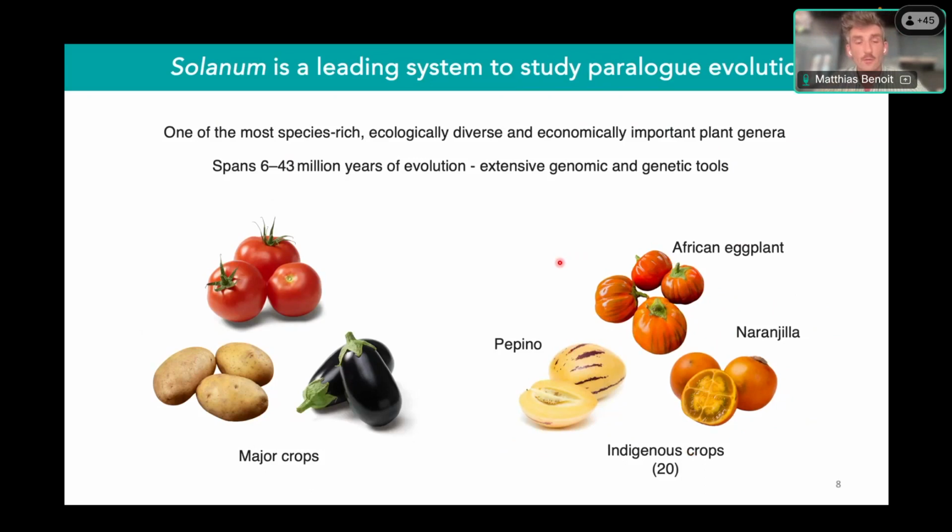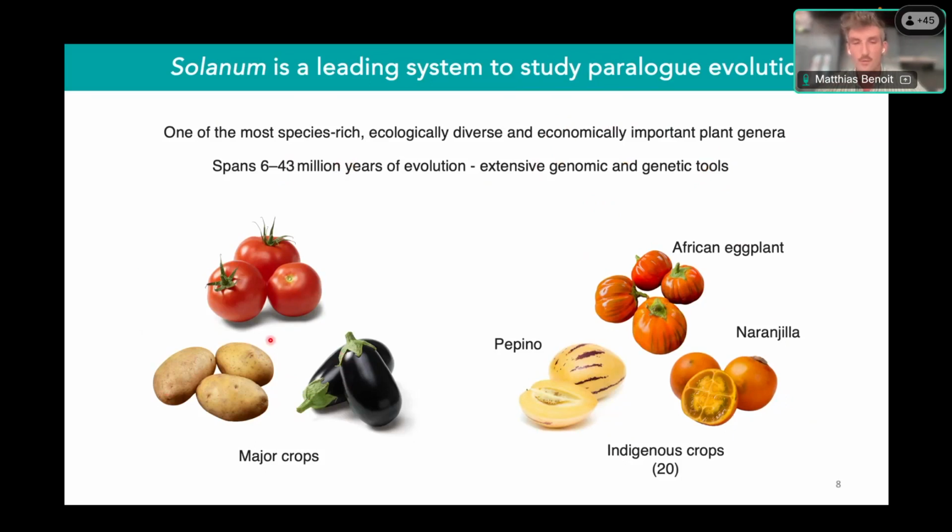One other advantage of using Solanum is that extensive genomic and genetic tools have been developed in the major crops. We have good reference genomes for tomato, potato, and eggplant. And all the genome engineering tools work wonderfully in these species.